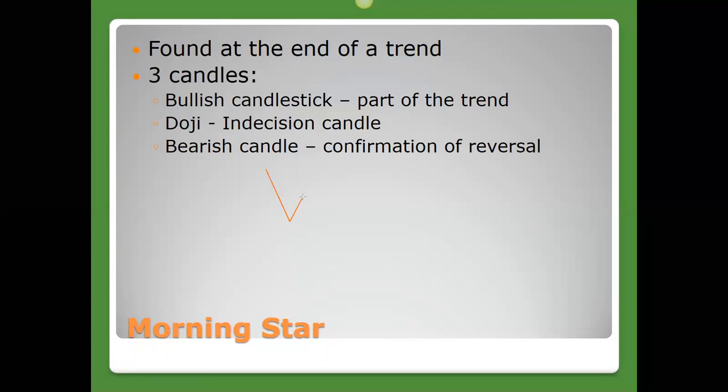So in this case, price will be coming down like this, and then we would see this morning star pattern. In this case, we will see a red candle here, and then we'll see a little doji in the middle. And then we will see our green candle, which is, oh, it didn't change.